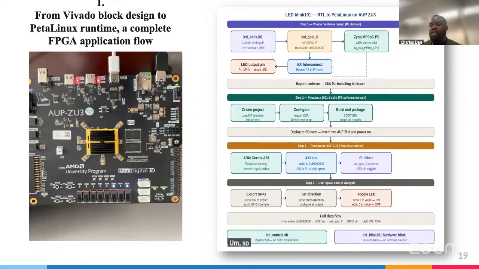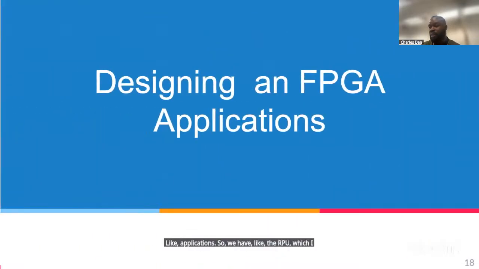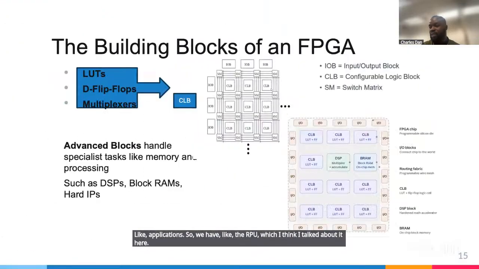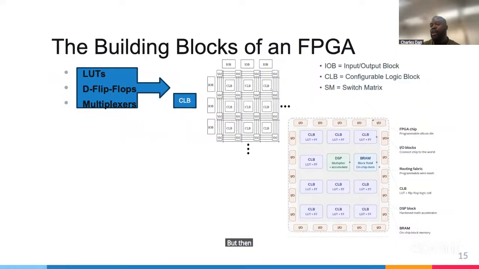Those ones are just a normal SoC, but with the MPSoCs we have quite a variety of applications. So we have the RPU, which I think I talked about here. But then they are all embedded on the same chip. It's not separate.